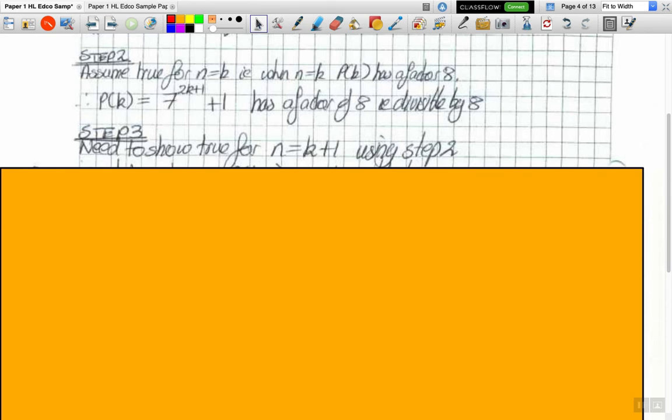Now, I can't flick to the top of the page very easily, so I'll do the writing here. What we have is P(n) is equal to 7 to the 2n plus 1, plus 1. And we're going to be exploring a situation where n is equal to k plus 1. So we're going to have P(k plus 1) is equal to.